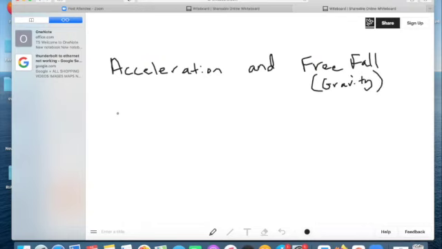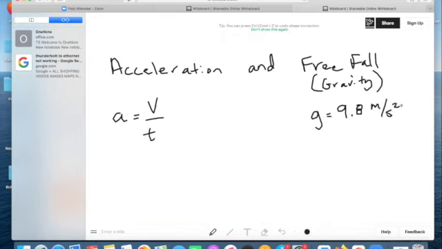Okay, so your acceleration is denoted by the letter A, and it is your change in the velocity over the change in time. I'm not going to go into the calculus of this because this is algebra based, so I don't want to confuse you with those delta symbols. So it'll be your velocity over time, and free fall, which is your gravity. Gravity is denoted by lowercase g, and it's equal to 9.8 meters per second squared.